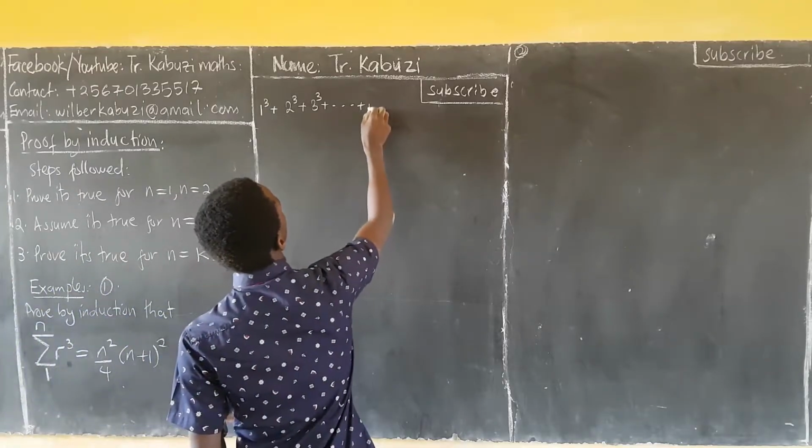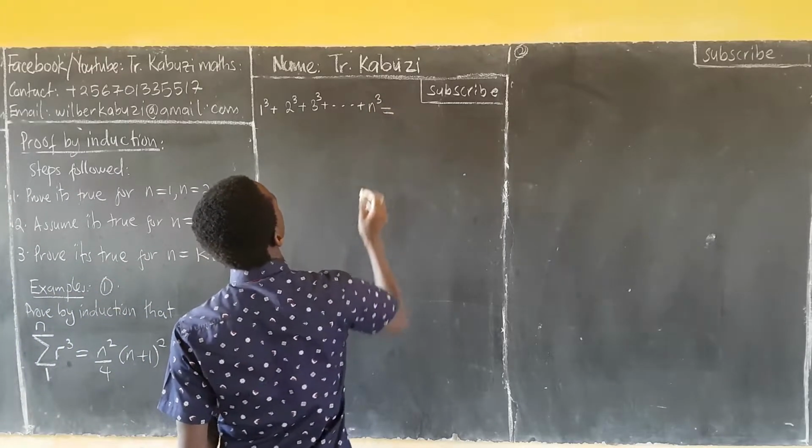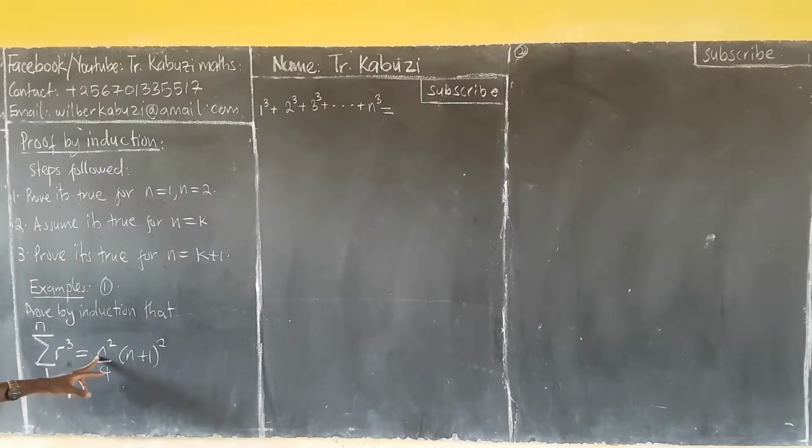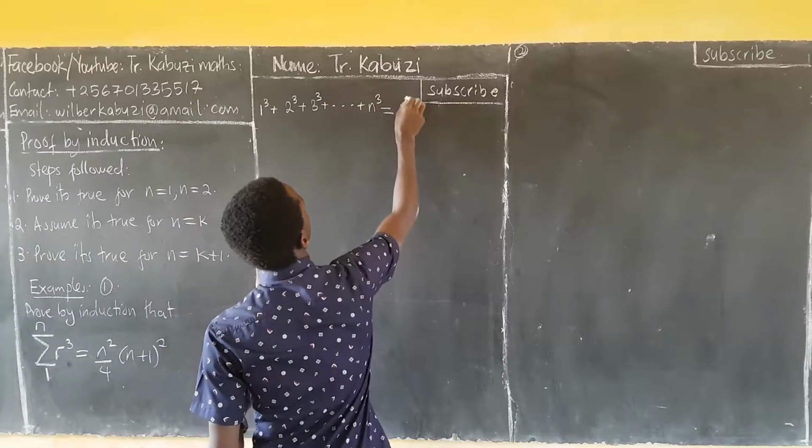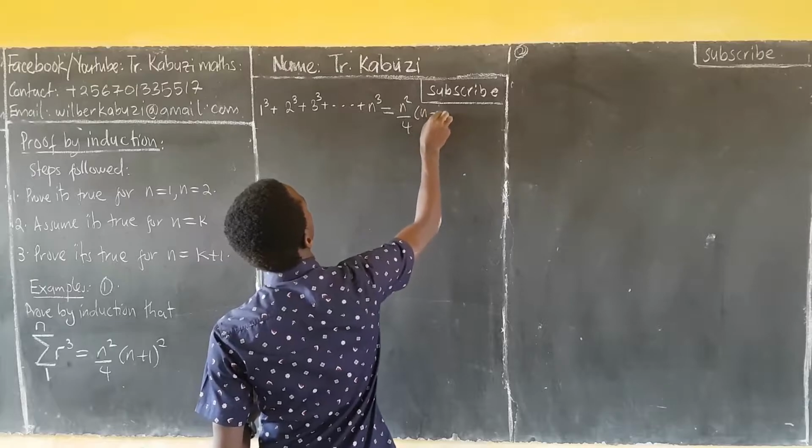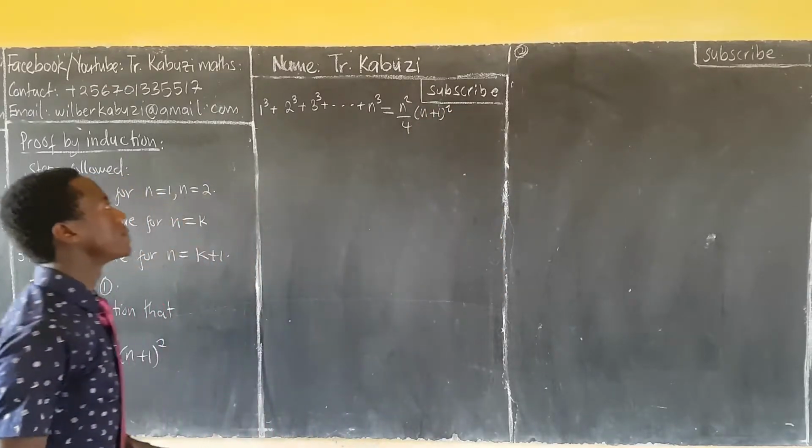I'll be having n cubed, but all of this equals 2 n squared over 4 into n plus 1 squared.